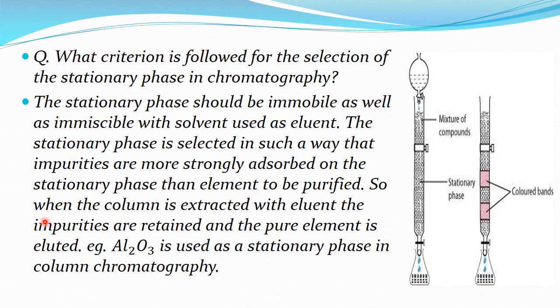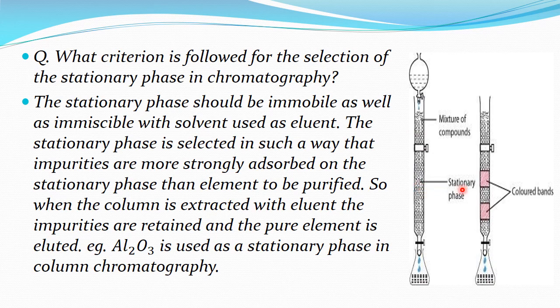What criterion is followed for the selection of the stationary phase in chromatography? And what do you mean by stationary phase? The stationary phase is also called an adsorbent, and it is a chemical pasted inside the chromatography column.